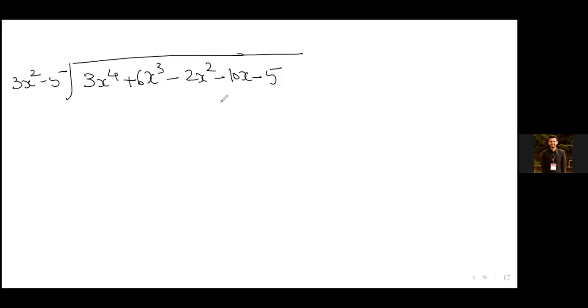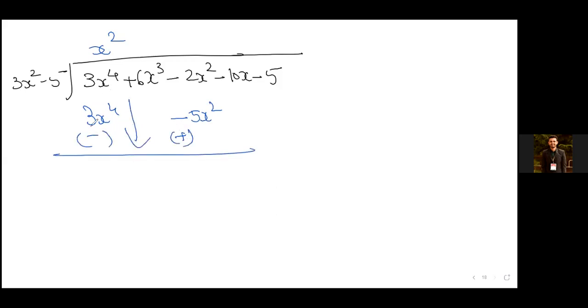Okay. So first you need to multiply with x square. There you get 3x to the power 4. This term we keep it blank, and 5x square. Keep it down, that is 6x cube. This will be plus 3x square minus 10x minus 5.